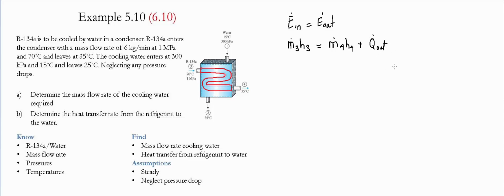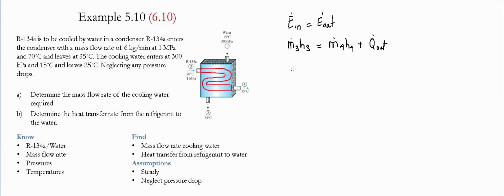Notice that the amount of energy lost from the refrigerant to the water is exactly the same amount that is gained by the water, in order to have conservation of energy.